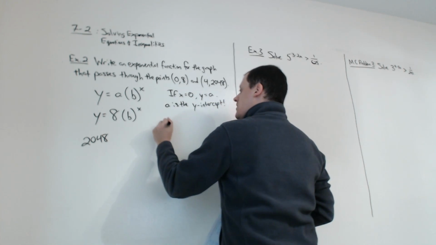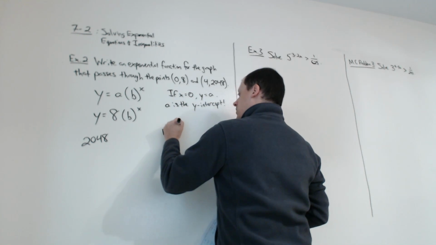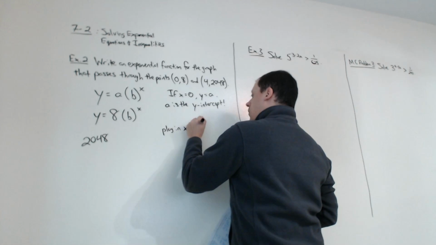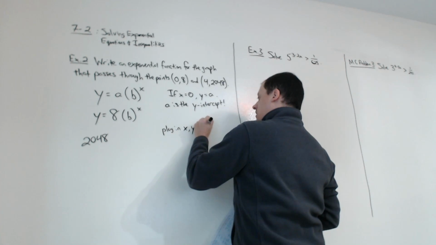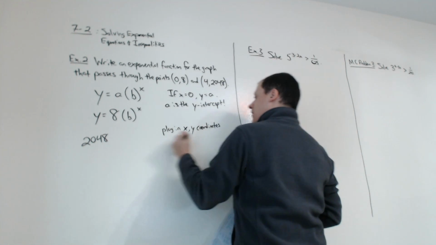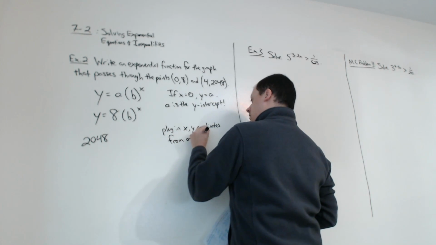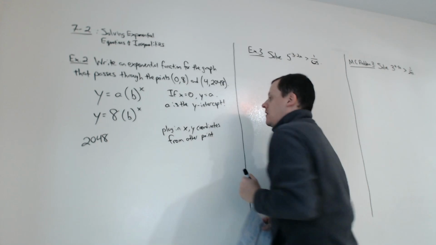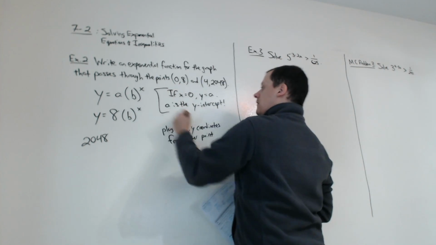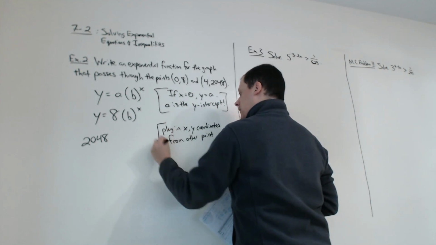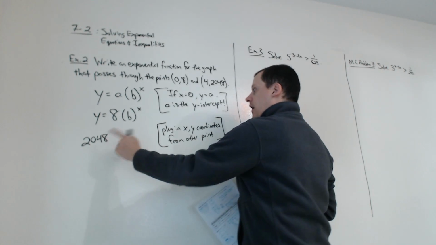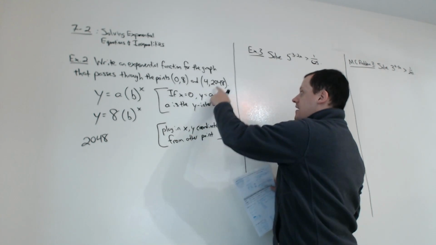So we are just plugging in the x, y coordinates from the other point. Okay, so this is what we're doing. And this is what it gets us. We're plugging in the x and y coordinates here.